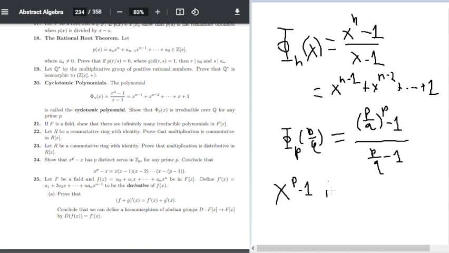So first of all, wait a minute. Φ_p(x) is irreducible over Q for any prime p.